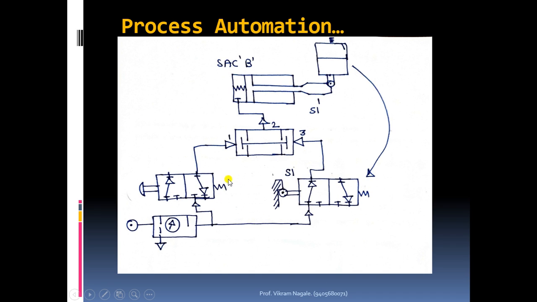Why another input? The first input is given from this 3x2 valve with push button. So the other input which is coming at the input port of the AND valve should be active.